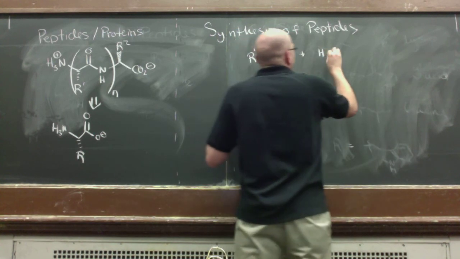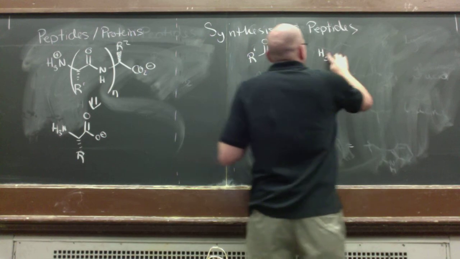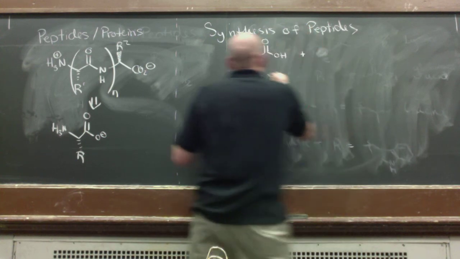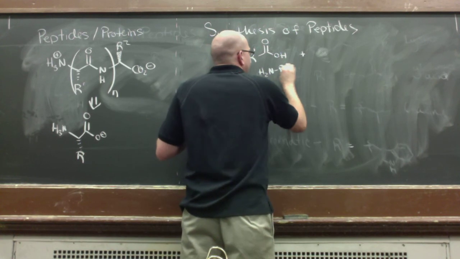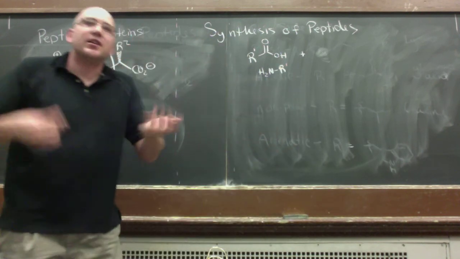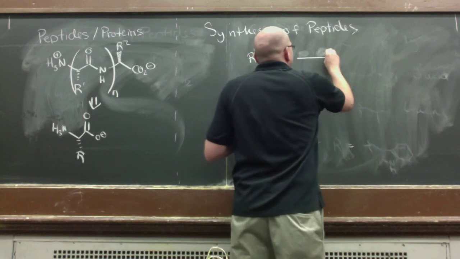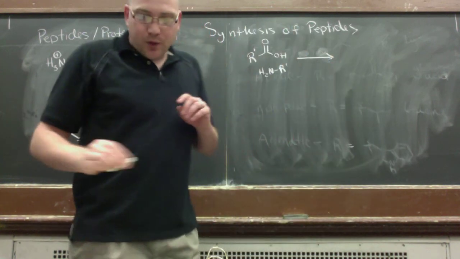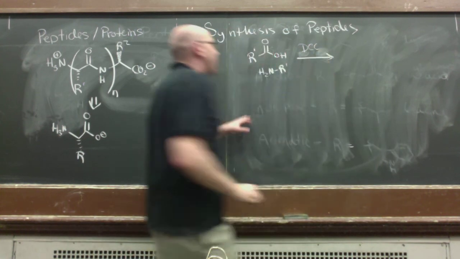Say R1. We'll keep it neutral for now, just to make our lives easier. Obviously there are going to be protonation changes here, so don't freak out too much. What you're going to do is take these two and mix them together with something called DCC. I'll draw and show you what DCC is, and I'll show you the mechanism.